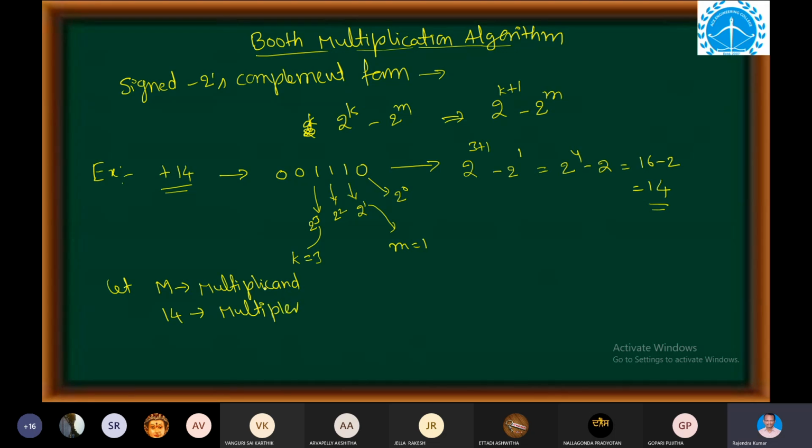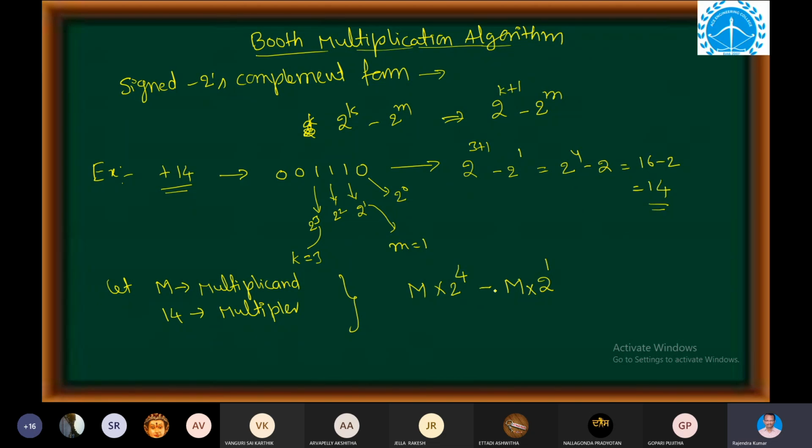So the multiplication operation can be done like this: m into 2 power 4 minus m into 2 power 1. 2 power 4 minus 2 power 1, we can represent as 14.